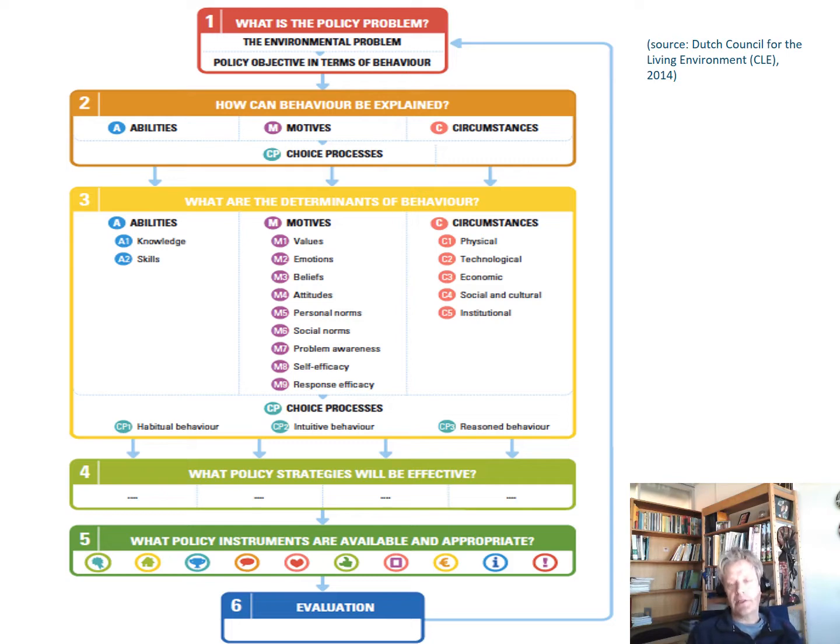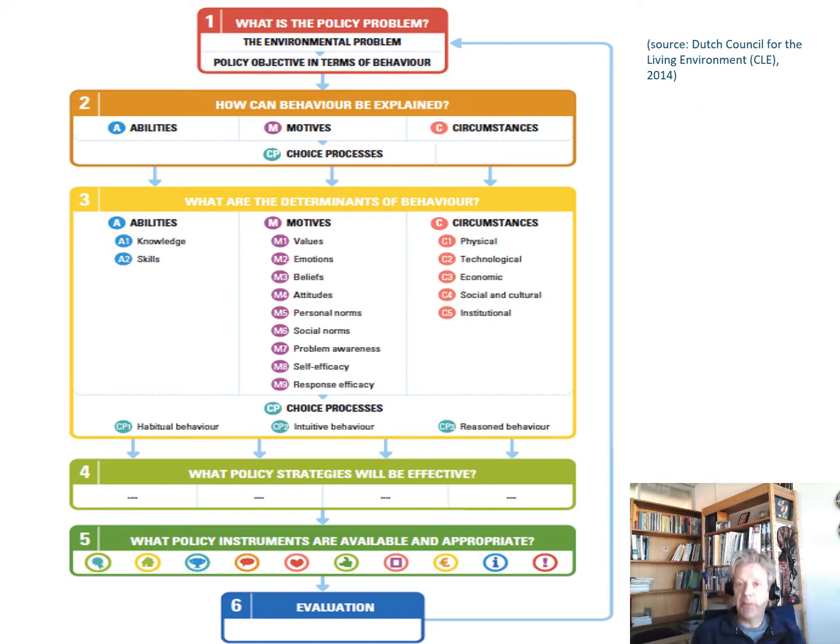So the 5 elements of this model are: first, you need to identify what is the policy problem here. What do you want to achieve in society? You want to have people engaged in healthier diets, reduce obesity, but also maybe reduce the carbon footprint of the diets people have, and maybe consider also the well-being of other species.